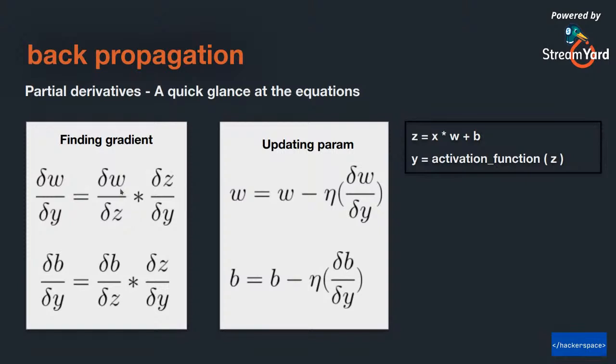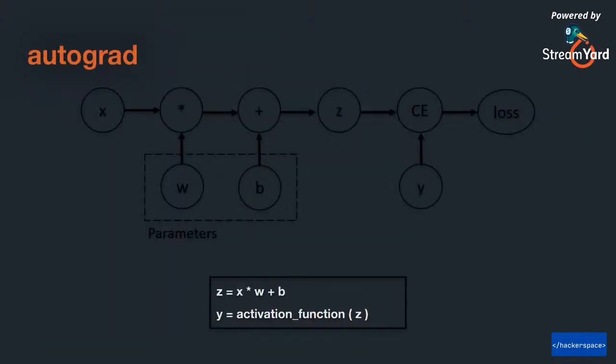For example, in case you want to find the derivative of w with respect to y, then you'd have to first find the derivative of w with respect to z, because w depends on z, and z depends on y. So there's an order. So you go back through the layers, hence the term backpropagation. And I hope there's no doubts in that.